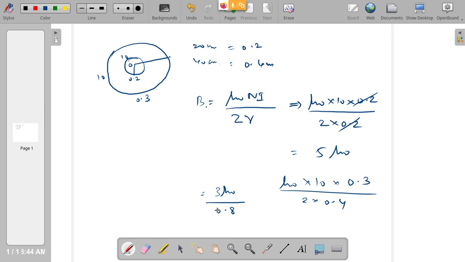This is going to be 30 by 8. 30 by 8 is how much? 30 divided by 8 is 3.75. So this is 3.75.